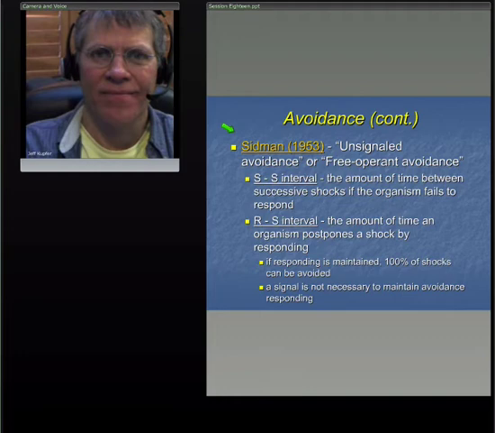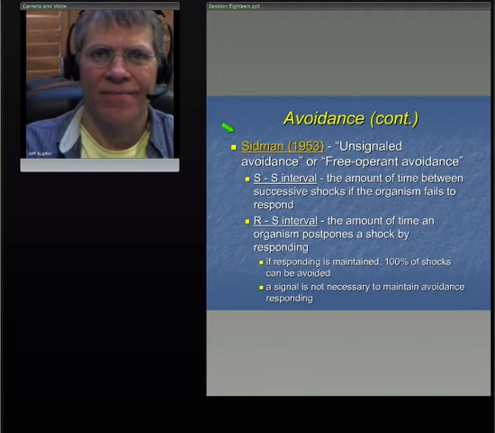You may be able to get heart medication so that you could lower your heart rate so you don't get a heart attack. You may be able to detect something on the mammogram that could turn out to be quite benign if you catch it early enough. So there again is an avoidance response, because to ignore the signals actually places you at more risk. So there are really a lot of life examples of signal avoidance.